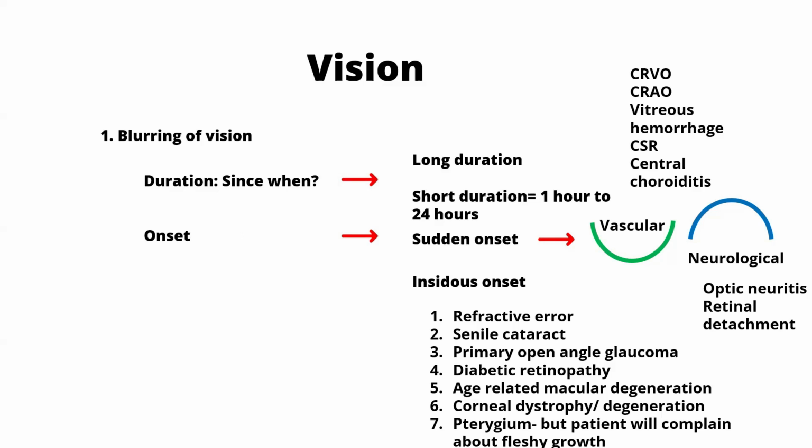But in the last two cases, the patient will tell you that he has also noticed some change in the black part of his eye, or he has seen a fleshy growth on his eye. So along with diminution of vision, he'll also complain of these things.